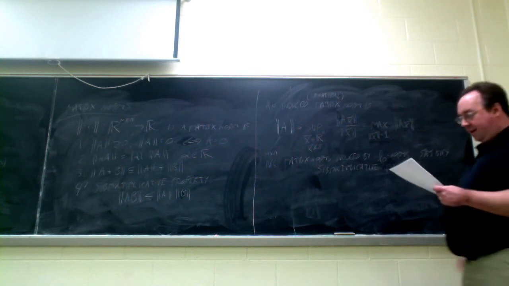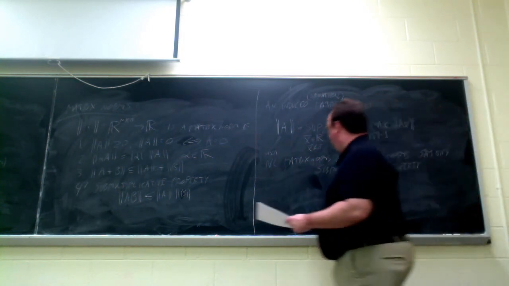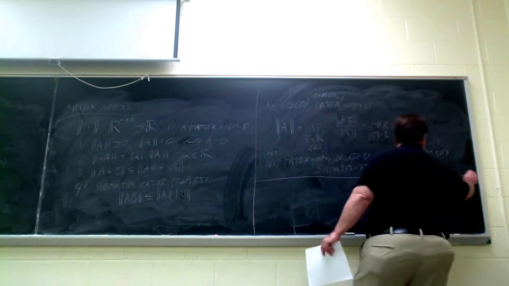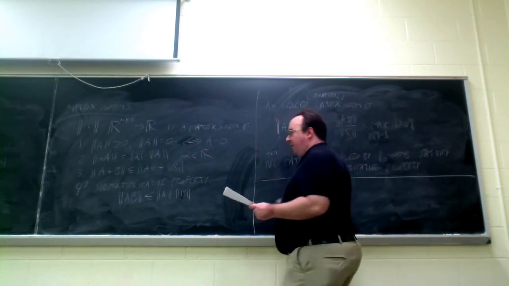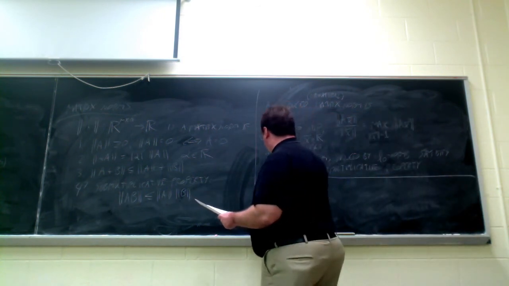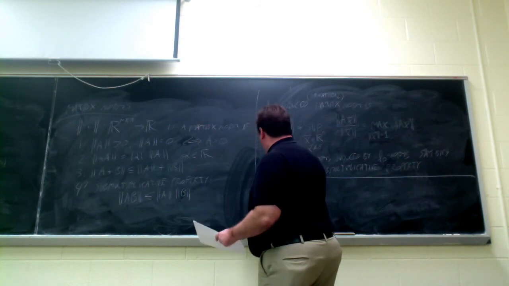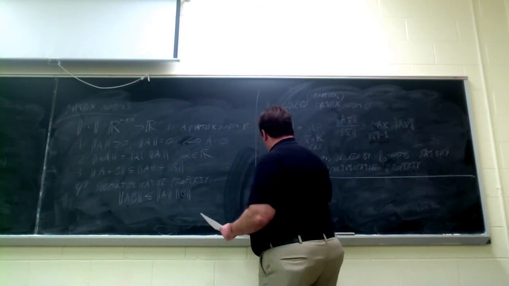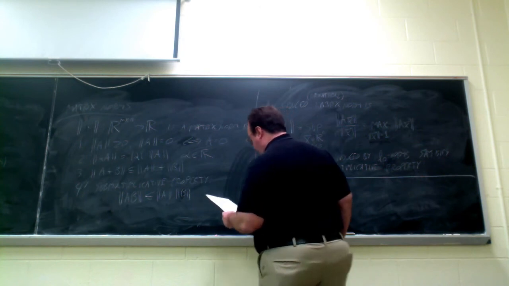Now, what are some specific matrix norms? They come from the vector norms that we've been talking about. So we have the one norm.